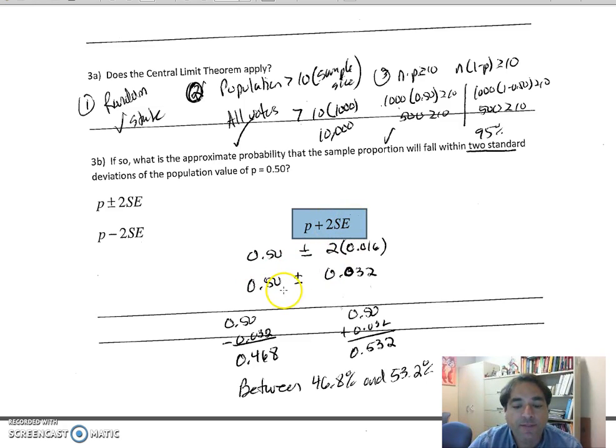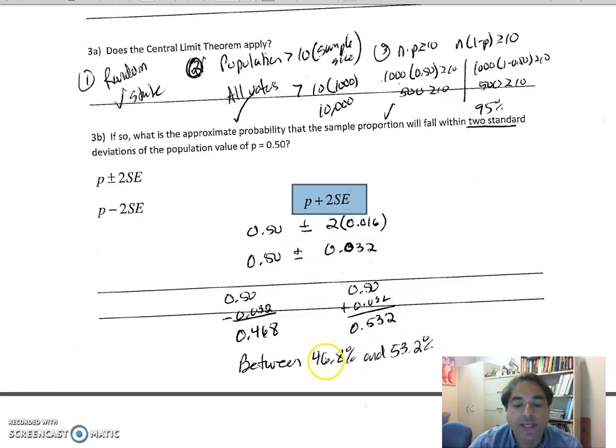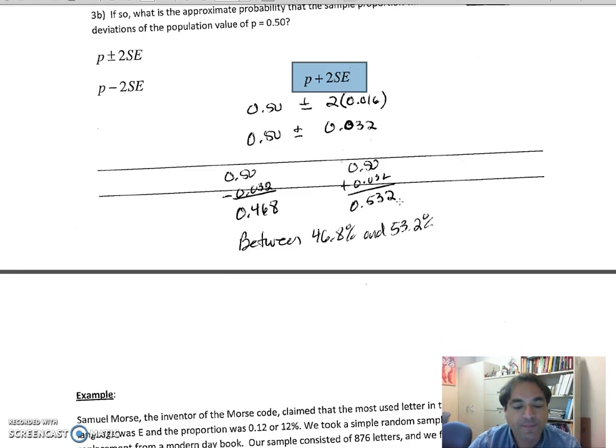So if I did 0.50 plus or minus 2 times 0.016, you get 0.032. Subtract it, add it, and we would say that it would be between 46.8% and 53.2%. Now again, we'll do this in detail next section, but this gives you a little preview.